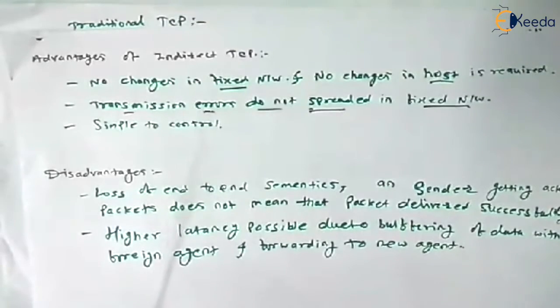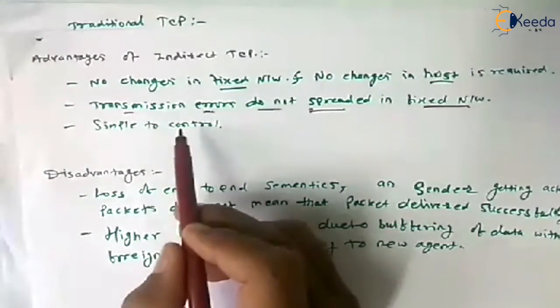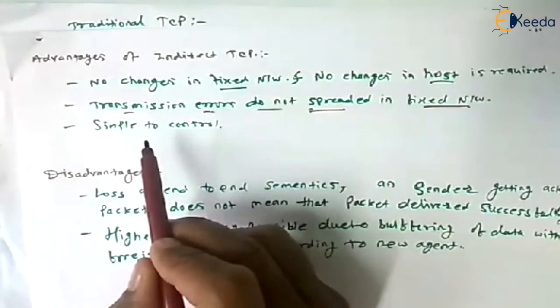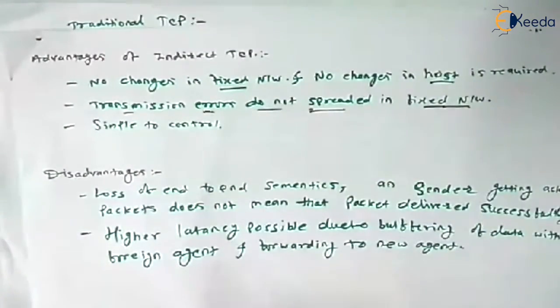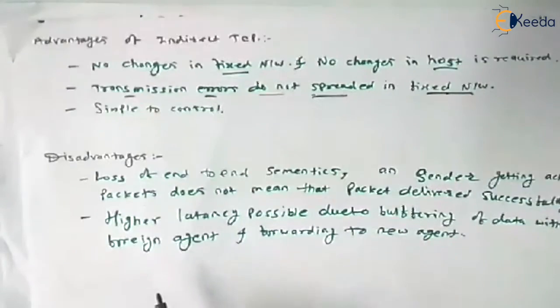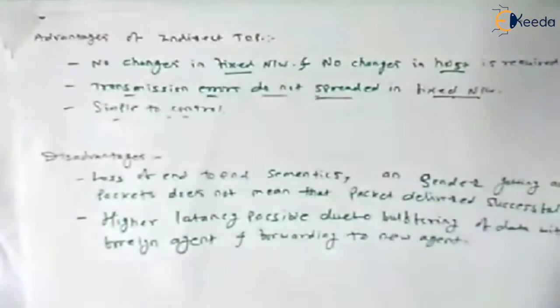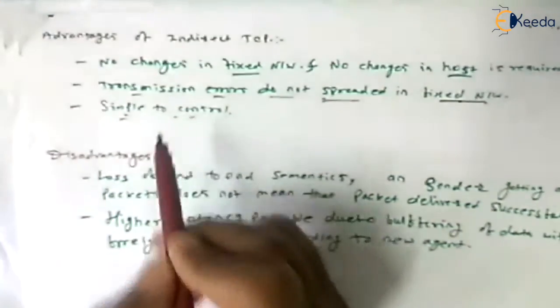It is the main advantage of indirect TCP. And it is simple to control, because only a single foreign agent is connected to both the wired network and the wireless network. That's why it is simple to control.